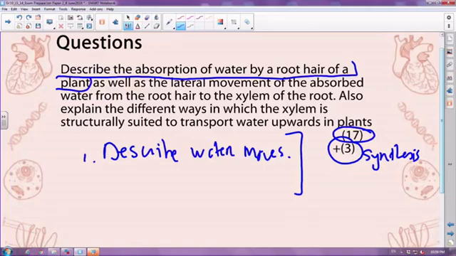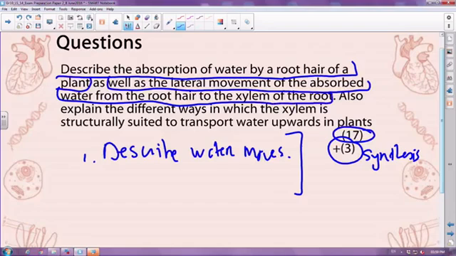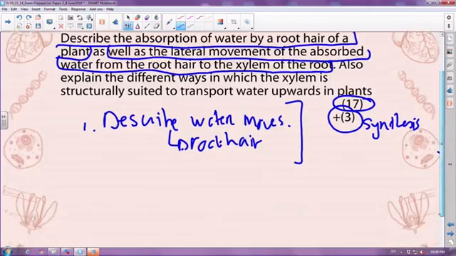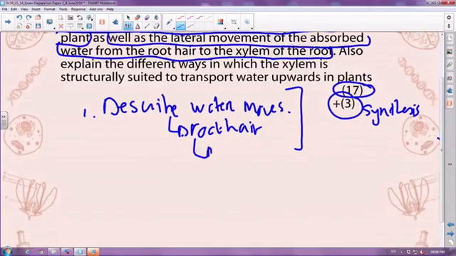Then it said, as well as the lateral movement of the water from the root hair to the xylem of the root. Okay, so water moves into the plant. I'm going to describe all about the root hair. And I'm also going to say how the root hair is adapted to its function.